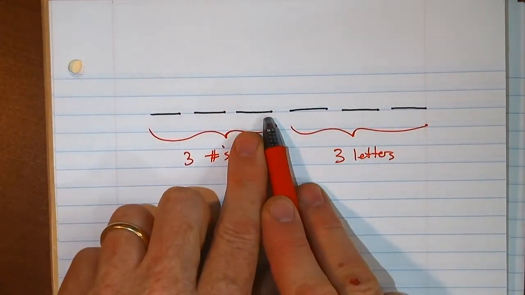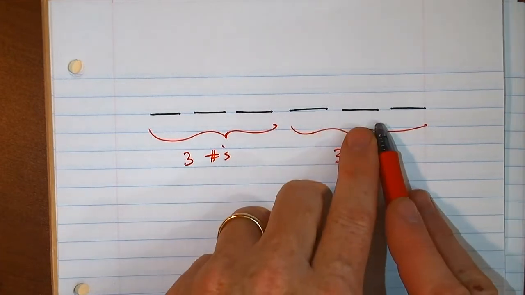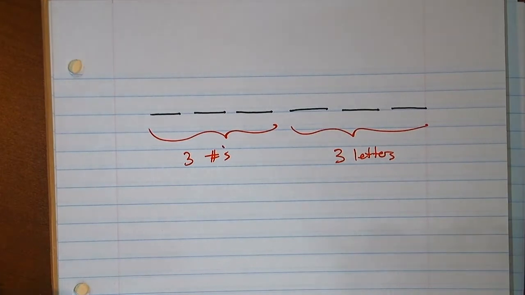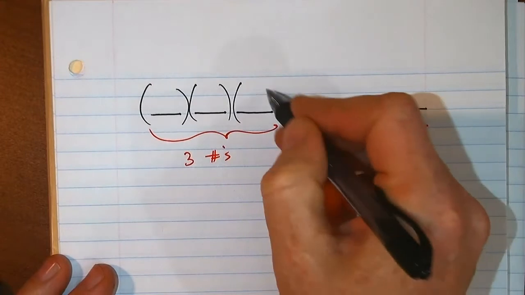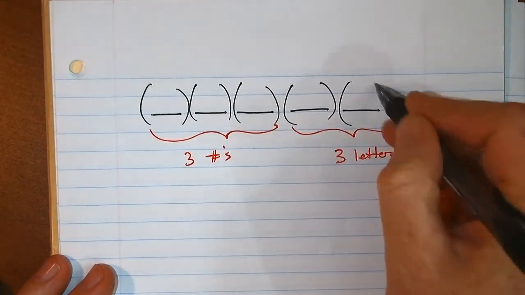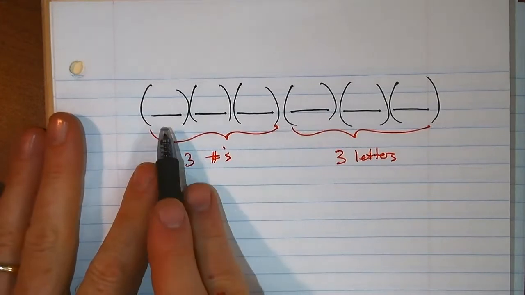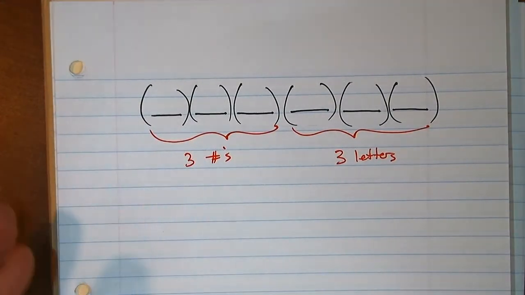Our third event is pick a number. Our fourth event is pick a letter. Fifth event is pick a letter. Sixth event is pick a letter. Okay, now what we're supposed to do, according to the fundamental counting principle, is once we know how many ways to do each one of the events, we're going to multiply those all together. But the challenge that I have before me right now is I have to figure out how many ways to pick a number. All right, so let's think about what are the numbers.